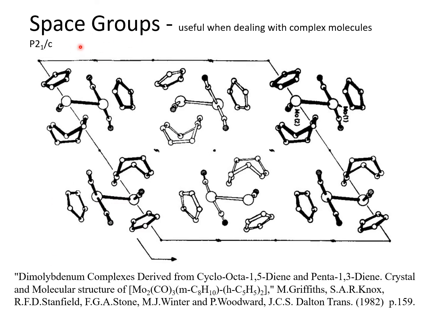It can get complicated. This is something from my undergraduate days, my third year project. I was working as part of a group of people who were characterizing crystal structures in the chemistry lab, and basically we were using a four-circle diffractometer to identify the crystal structure of compounds, and these are organometallic compounds.